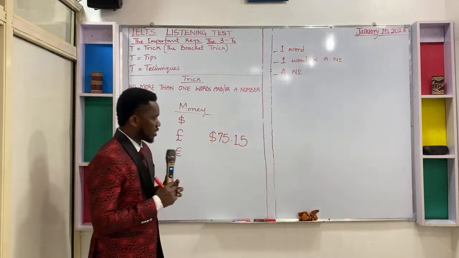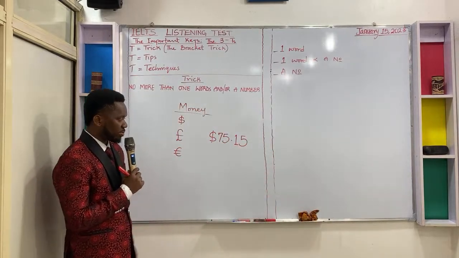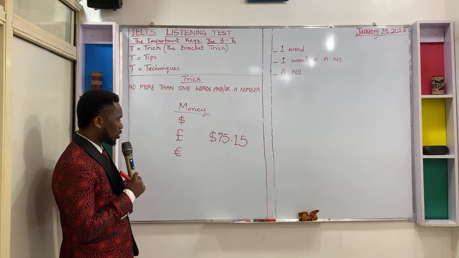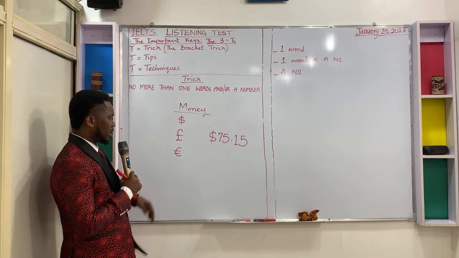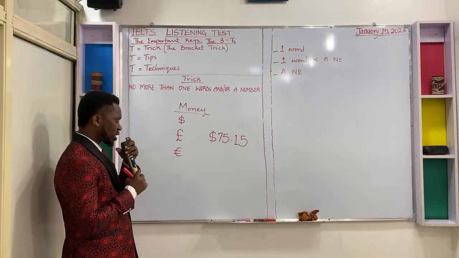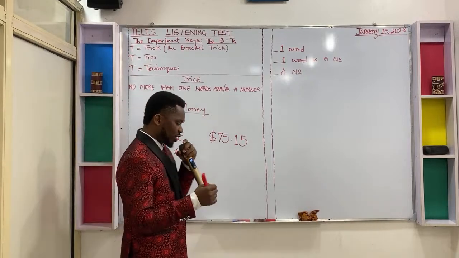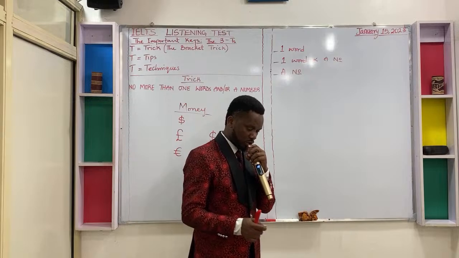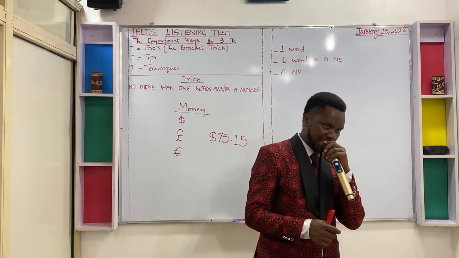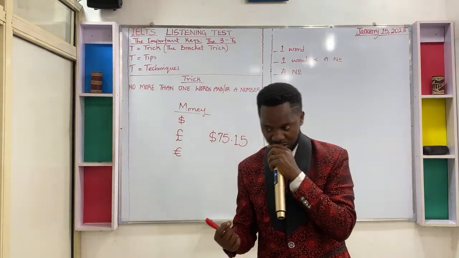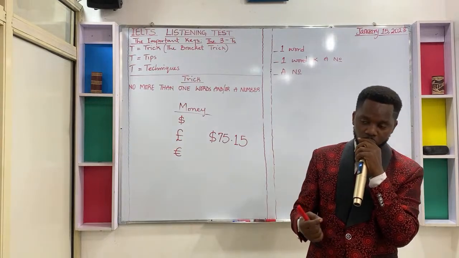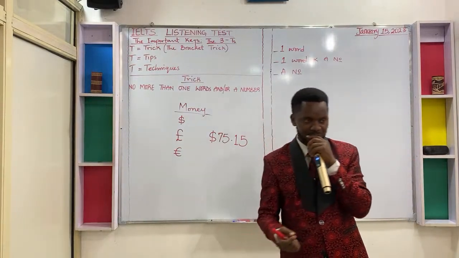Now, how does the bracket trick come in? The bracket trick can only come in when your question paper does not show or indicate anything about dollars, whether in word spelled or a symbol.